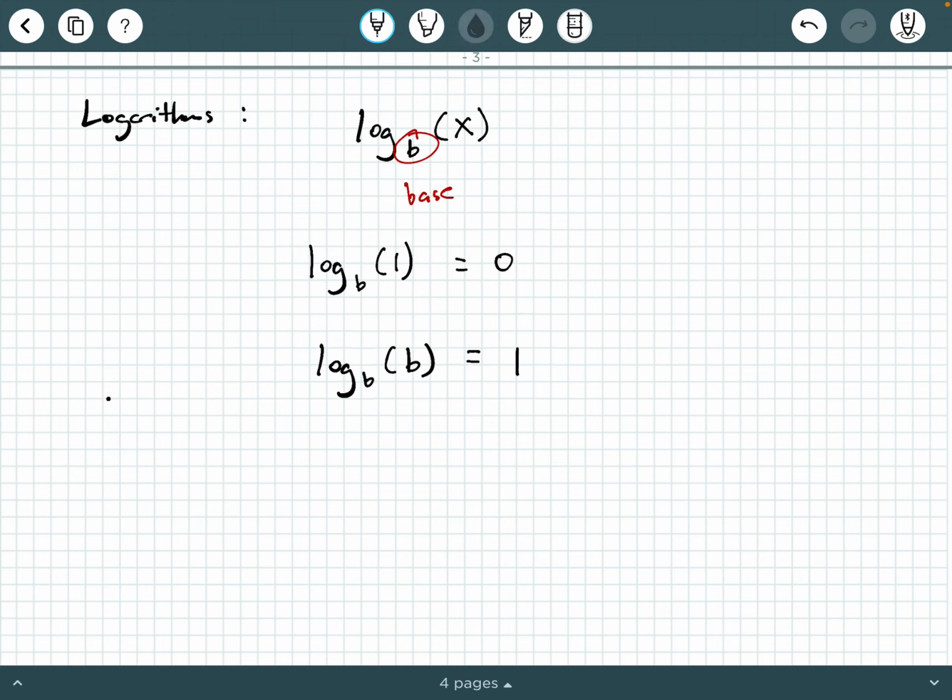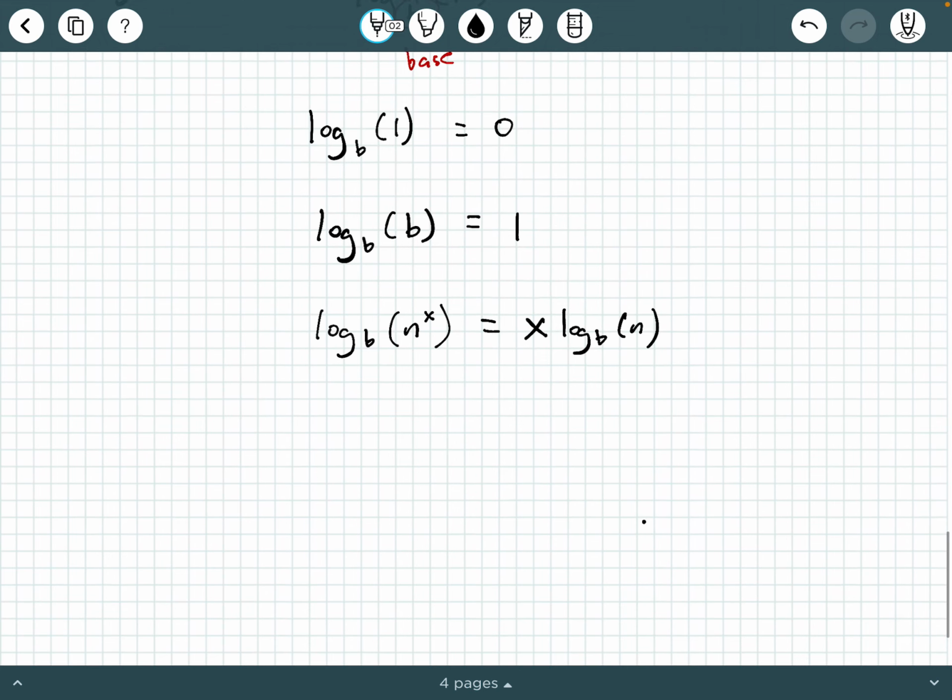The next property, I'm going kind of quickly now, is log base b of n to the x power. What happens is this exponent comes out and goes in front of the log. So this becomes x log base b of n. That's like a power property.